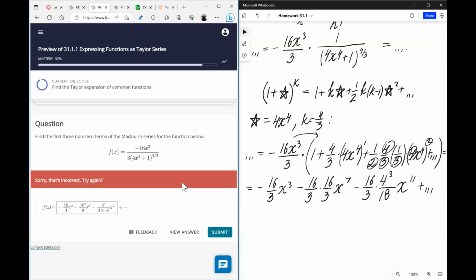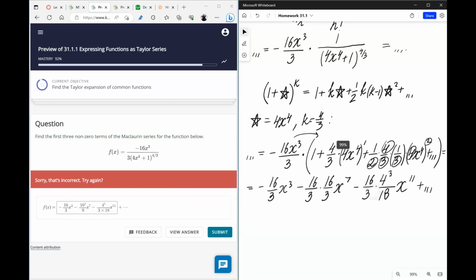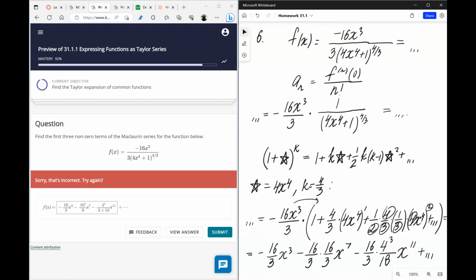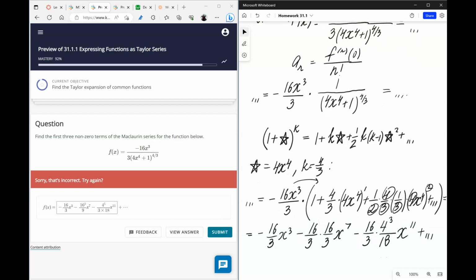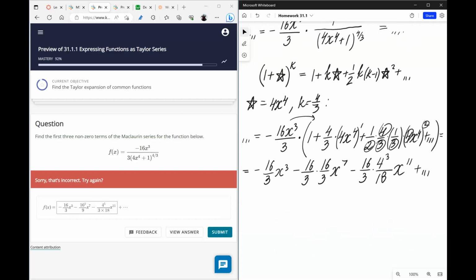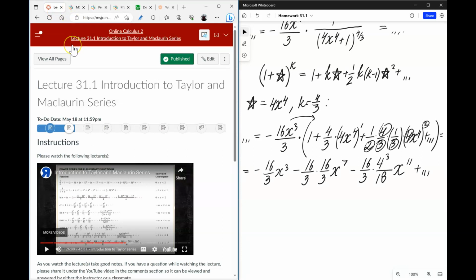Let's check the work real quick. So the pattern is fine. The only thing I would do is put the factorial over here as a part of the pattern.